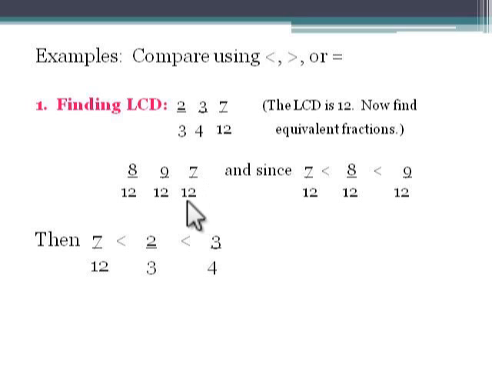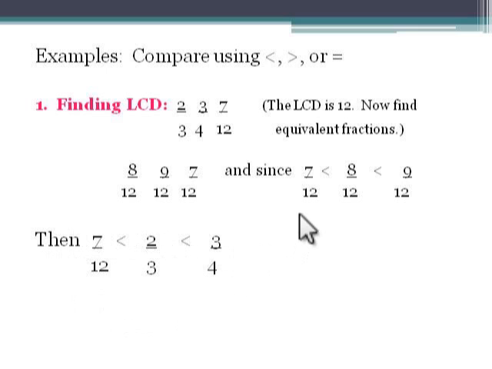Now, once they have the same denominators, I just compare the numerators like their whole numbers. So 7 would be less than 8, which would be less than 9. So 7/12 is less than 8/12, which is less than 9/12. And when you write your answer, if you change the denominators like that, you do need to write them from the original numbers.